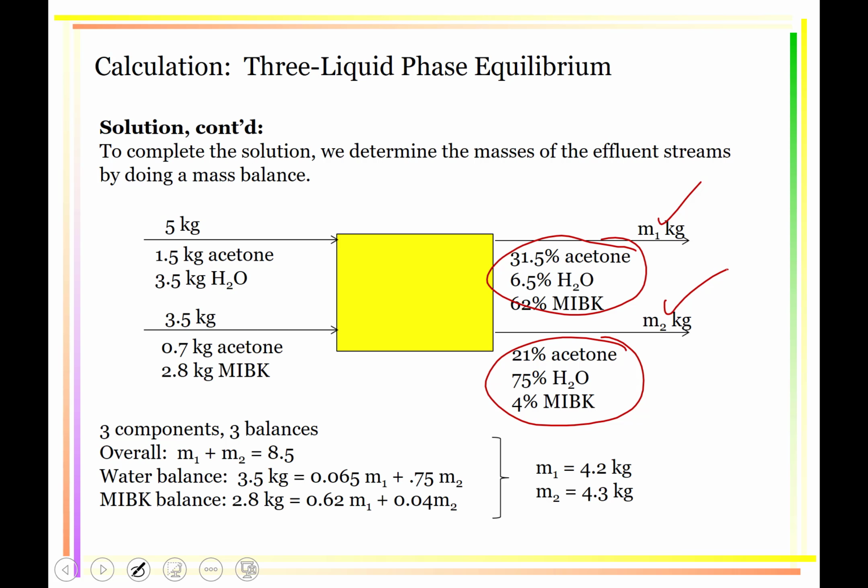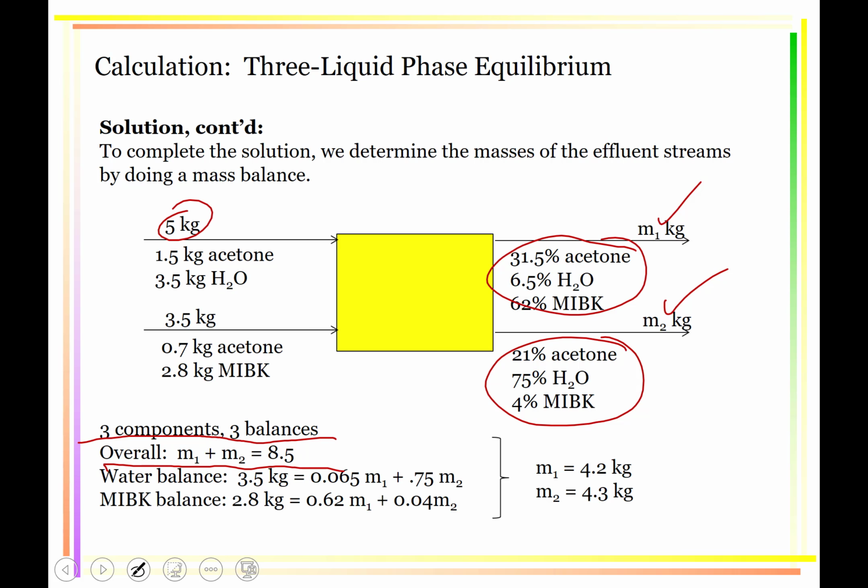There are 3 possible balances, but we only need to choose 2 of them to get M1 and M2. If we write those out, we do an overall balance: M1 plus M2 is equal to 8.5.